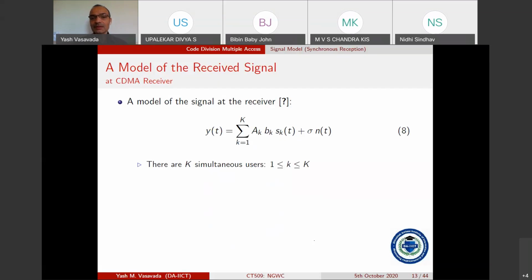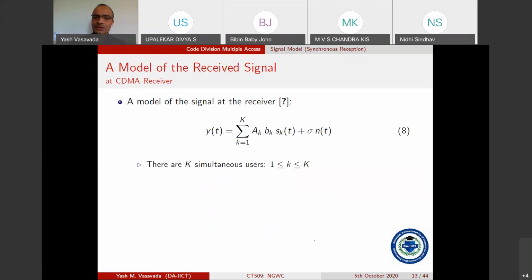When we consider time division multiple access or FDMA, frequency division multiple access, typically the assumption is that different users' transmissions are orthogonal to each other. And that assumption more or less holds. When one user is transmitting in one particular time window and the other user is transmitting in a separate time window, and these two time windows are not overlapping, which is the case for TDMA, then these transmissions are not in any way going to interfere with each other.